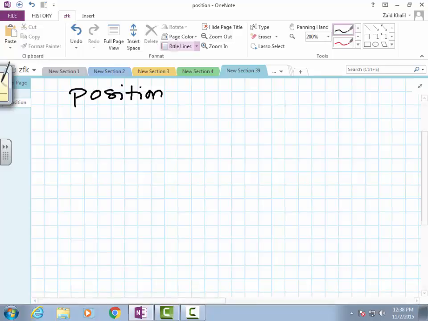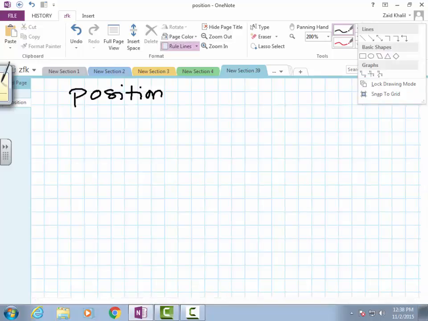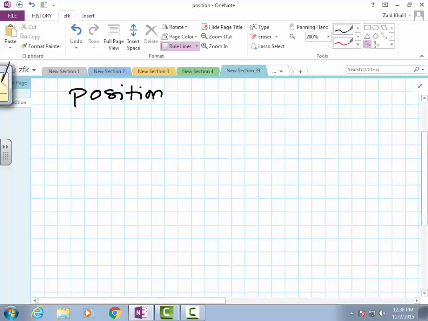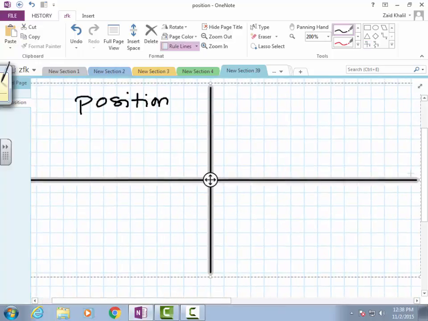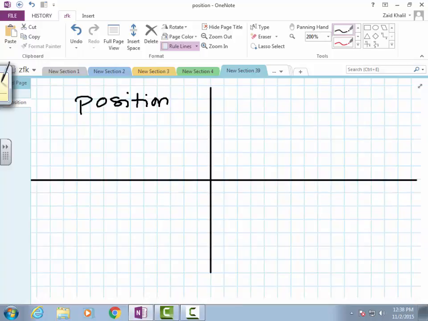So naturally, I need ruled lines. And here's my x-y axis. So what would my position vector correspond to? Well, first I need an origin. So here's 0, 0.